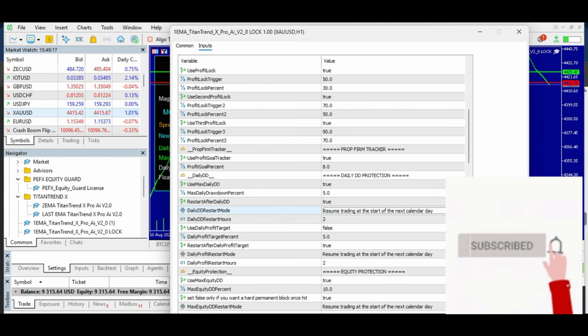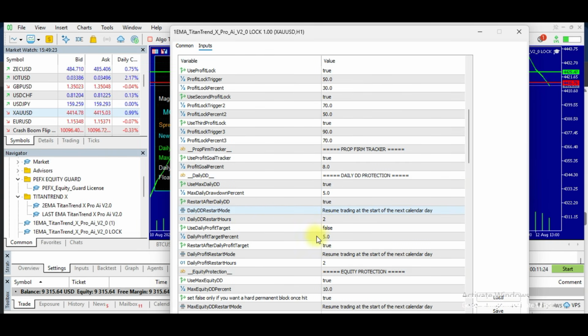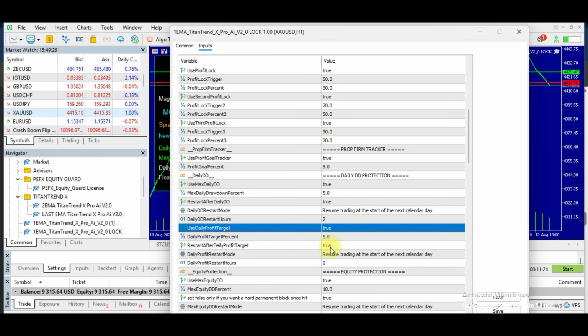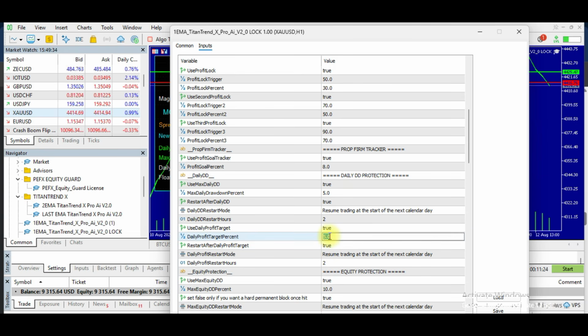Now, let's go. Let me show you. When you come down here, you will still see use profit, daily profit target. Now, if we put it on true, then if you put maybe 20% profit, and you hit it on one trade that the EA plays, then this one needs to be on for you to choose how it will restart.